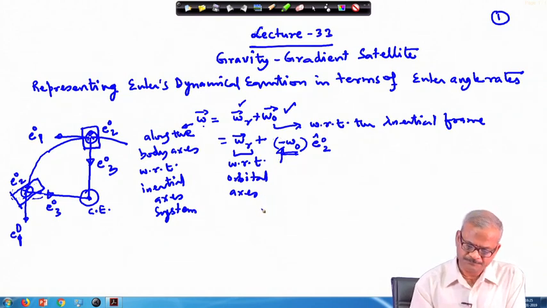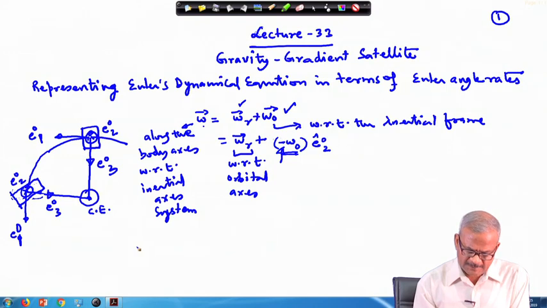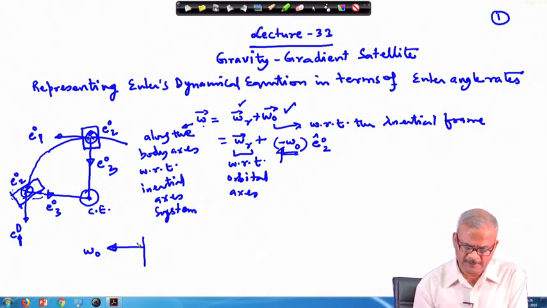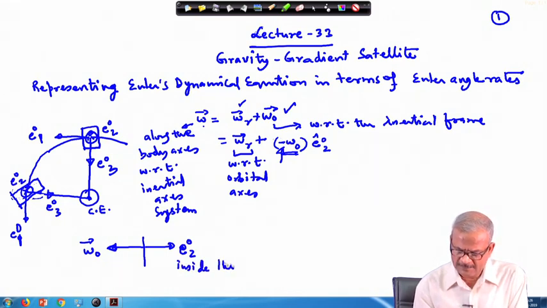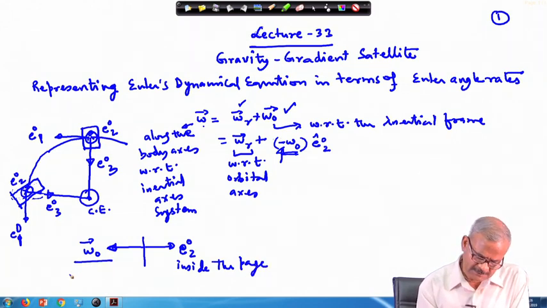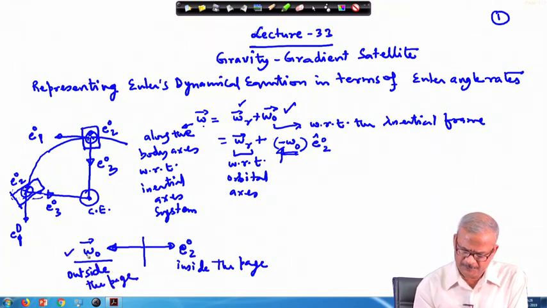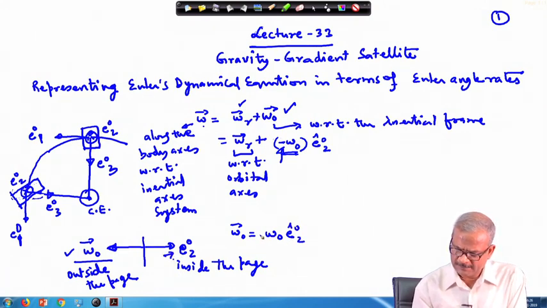So if omega 0 needs to be expressed in terms of EO2, we take the magnitude and multiply with E cap O2, the unit vector along the EO2 direction, and then put a minus sign.